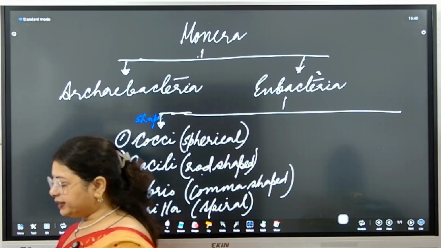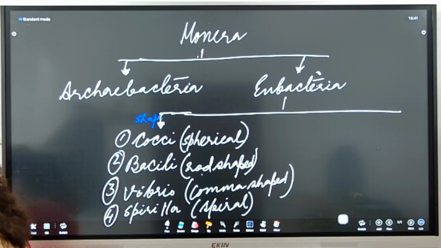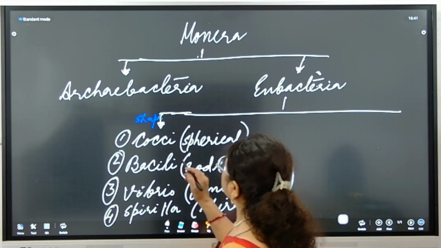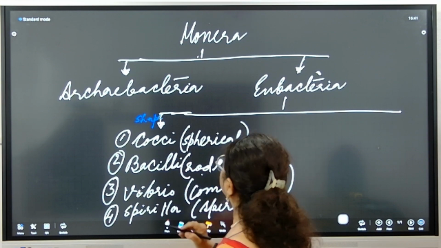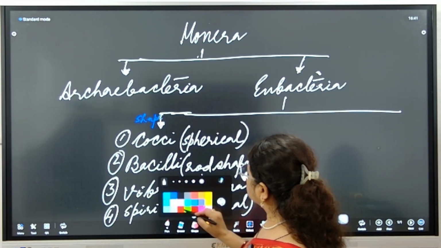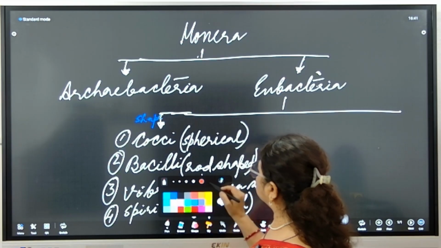Now we will write the example for each: Streptococcus, Escherichia, Spirillum, Vibrio cholerae. So I am writing the example with another pen. Let us write with red. Is the red visible?